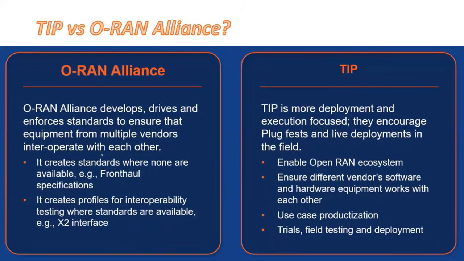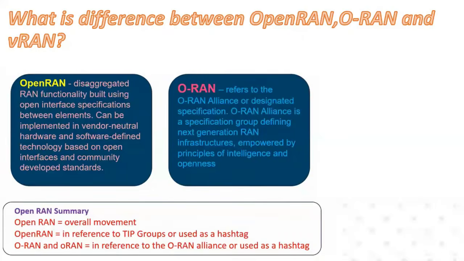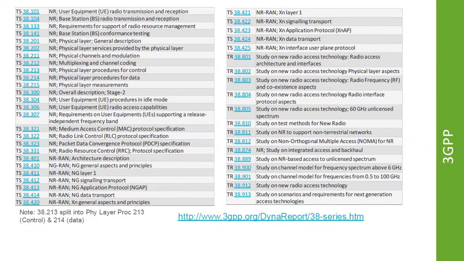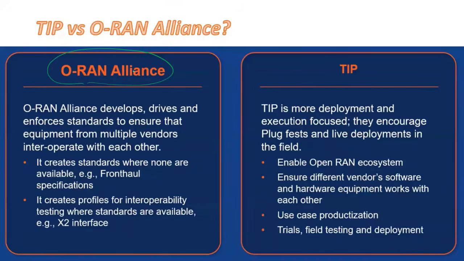It may be confusing what the roles of these two organizations are: one is TIP and one is the O-RAN Alliance. The first one is the O-RAN Alliance. This is like 3GPP, where we have various specifications, like 38.212, which is for channel coding. In the same way, the O-RAN Alliance puts in some rules and protocols.